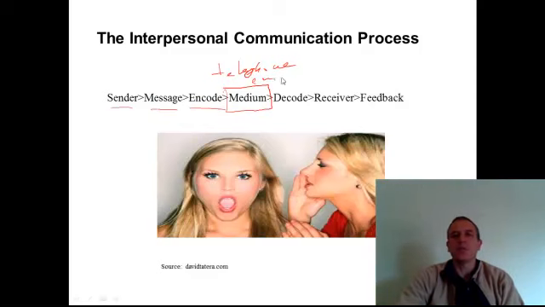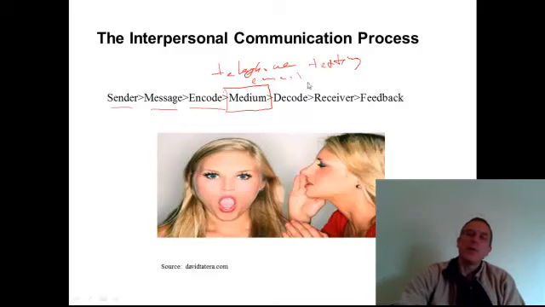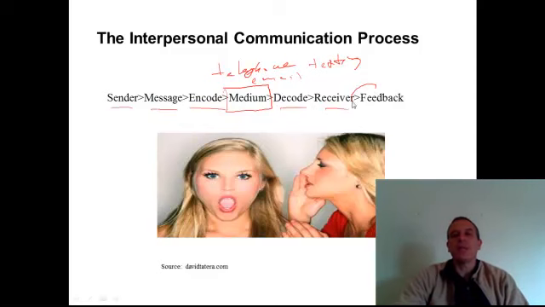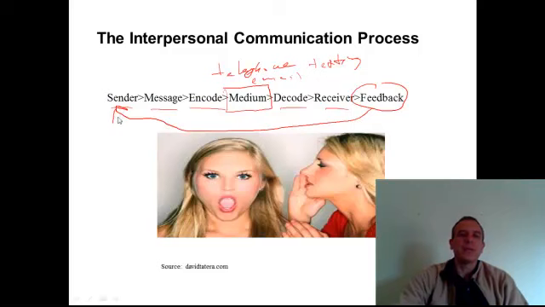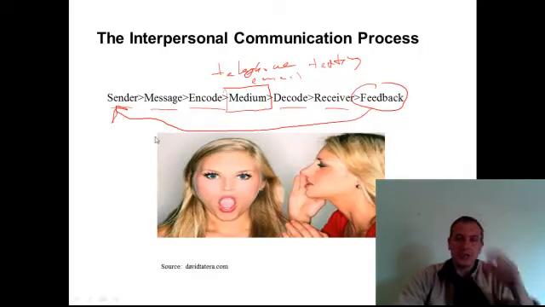Email is a medium, as well as texting on a telephone. Then it gets to the receiver and it's decoded. And the last step in the process is feedback. Feedback to the sender on whether or not the message has been received as intended.